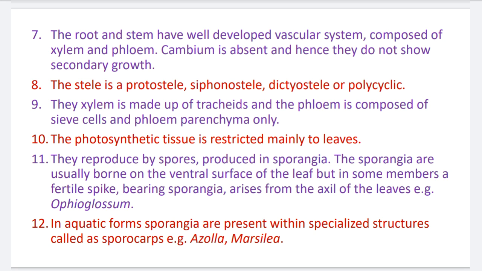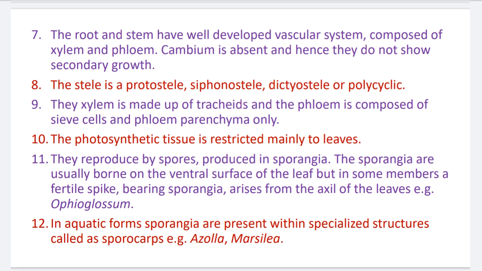The arrangement of xylem elements and phloem elements in a particular manner is called the stele, or the vascular tissue, also called stelar tissue. The region in which this stelar or vascular tissue is present is called the stelar region. This stelar region or stele shows a lot of diversity in the pteridophytes, so different types of steles can be found.